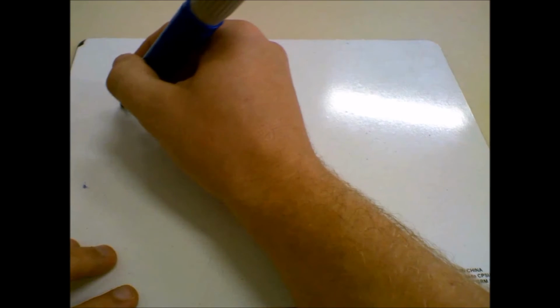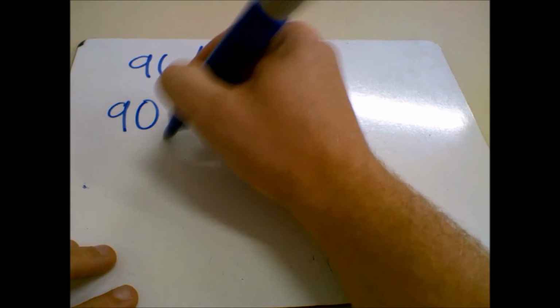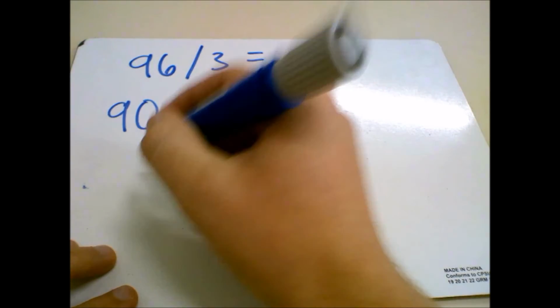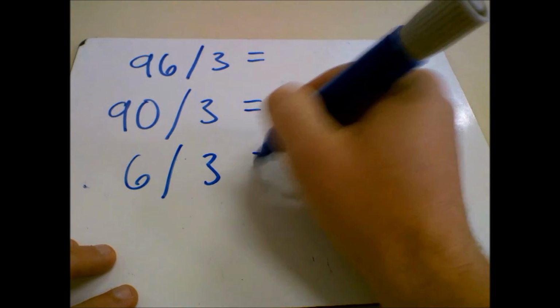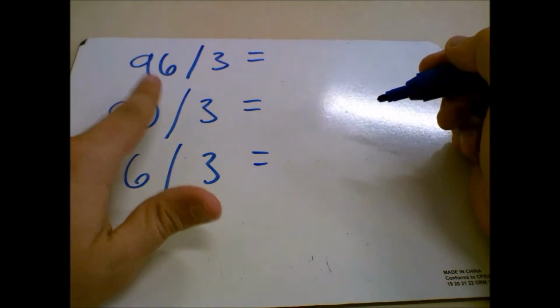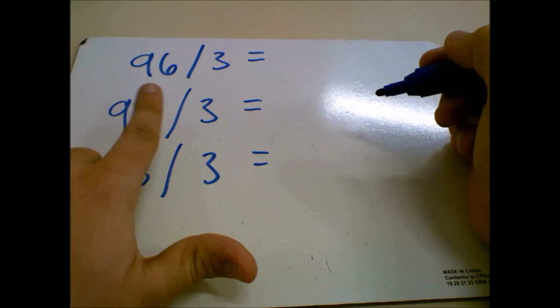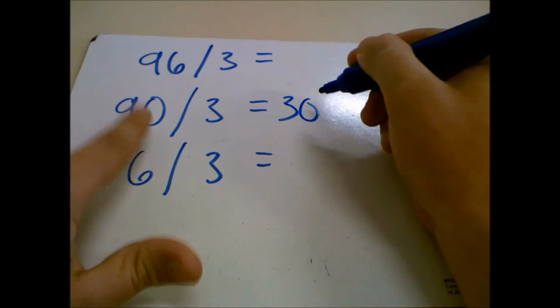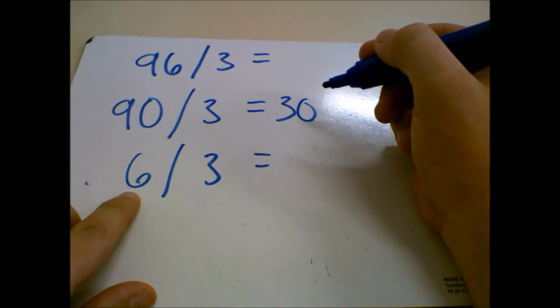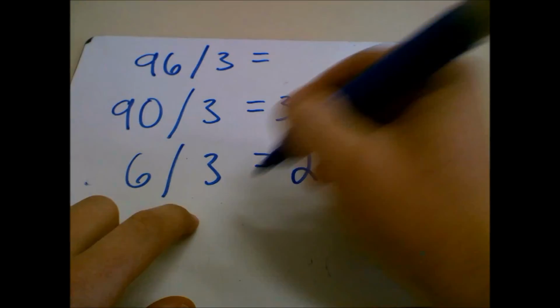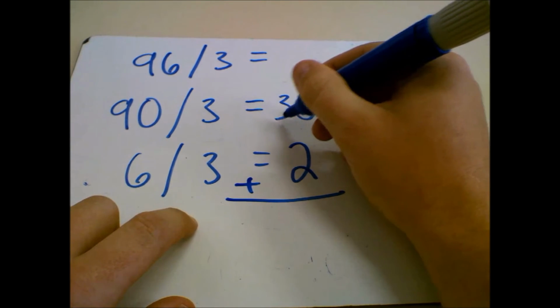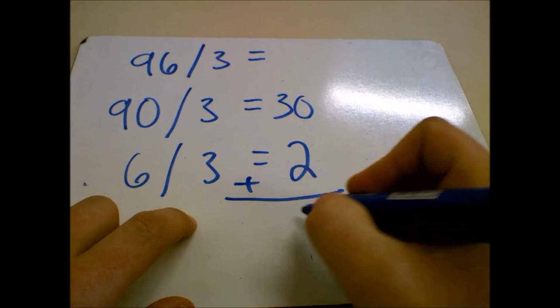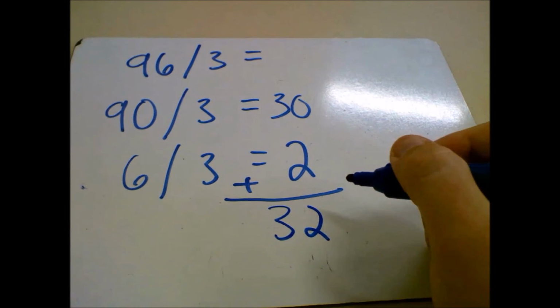I would break it up into two parts: 90 divided by 3 and 6 divided by 3. Just like we did before. 9 divided by 3 is 3, slap another 0 on there. And 6 divided by 3 is 2. Add these together. 30 plus 2, 32.